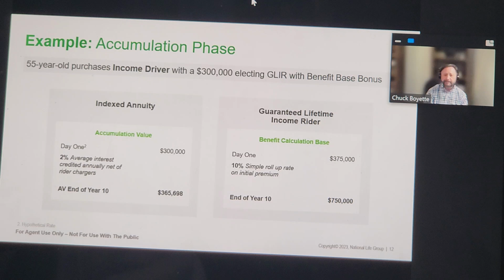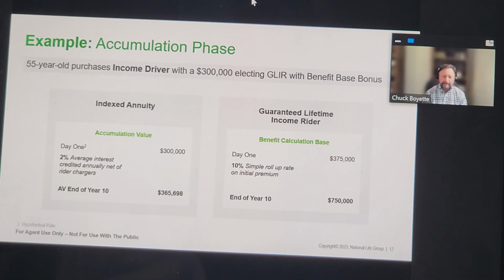And then that 10% simple roll-up is going to roll up every year for 10 years, and that's on the initial premium. And then at the end of year 10, they have $750,000 in their benefit calculation base, and that is the amount we're going to use to calculate their lifetime income.